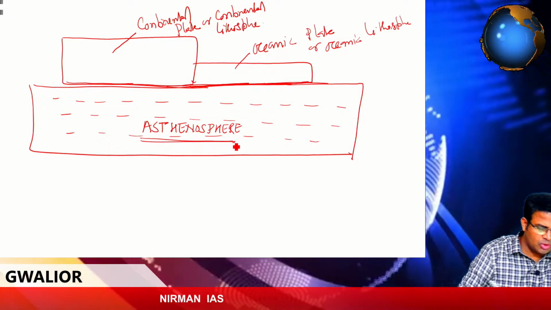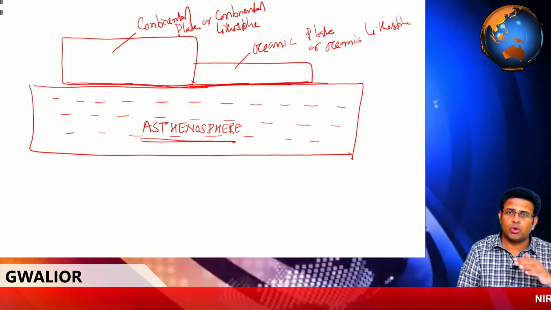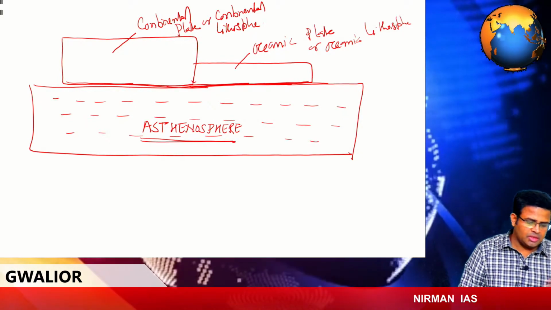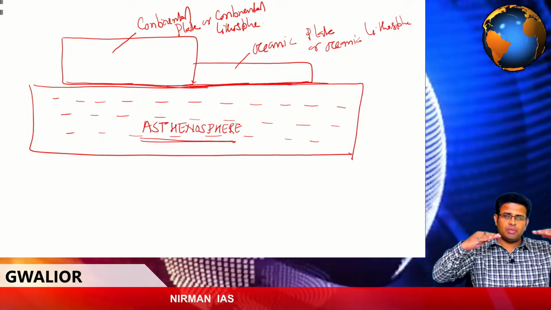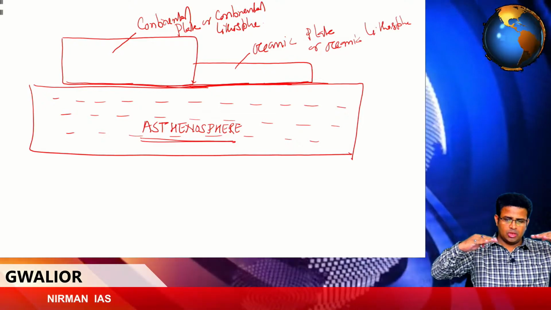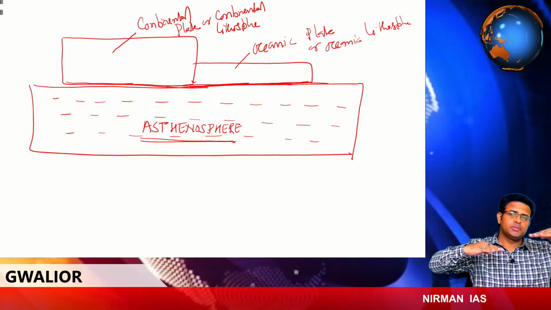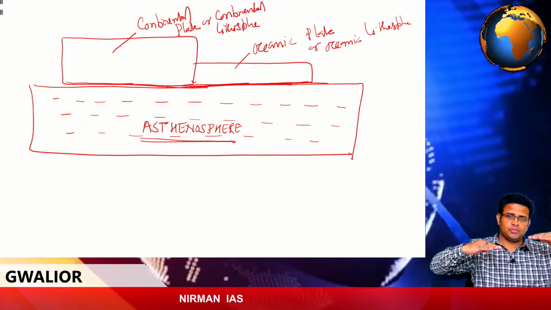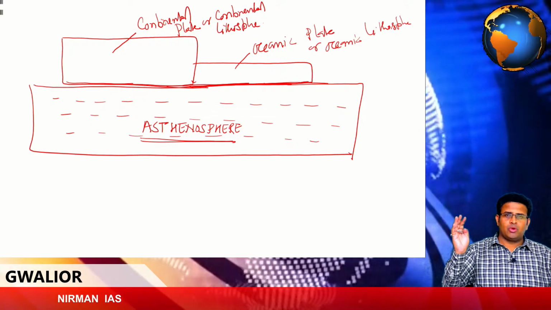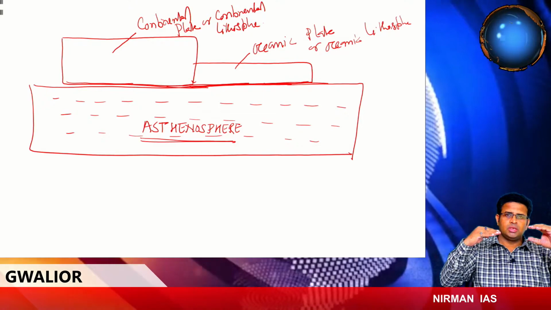These two, the continental plates and the oceanic plates, are floating on it. The oceanic plate is denser, so when they float, the oceanic plate will put more pressure downward, and comparatively the continental plate will put less pressure downward.